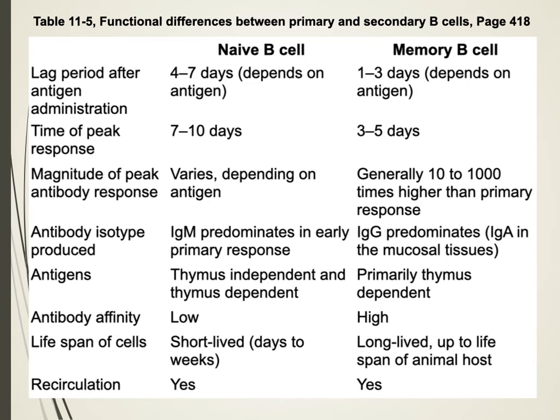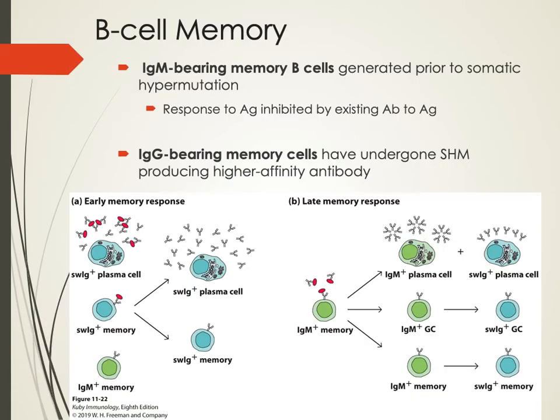They both have the ability to undergo recirculation, so they can go back into the bone marrow, but they can go into the periphery. As I mentioned, there are other types of B cell memory besides just those long-lived plasma cells. We also have IgM-bearing memory cells, and these are generated prior to somatic hypermutation, prior to class switching.